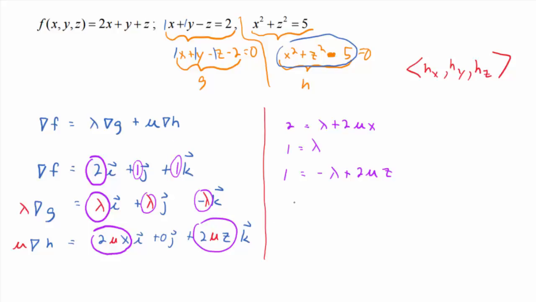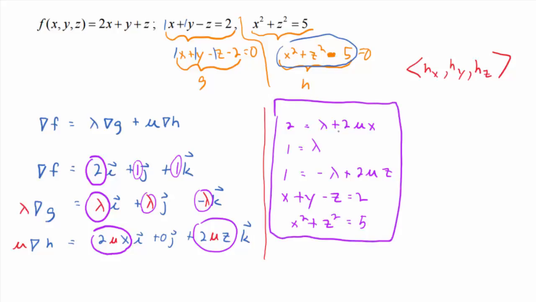I'm going to write the original form. X plus y minus z equals 2, and x squared plus z squared equals 5. We can make these a lot easier on the eyes, right? So let's work through this. What happens if I plug in 1 for lambda and then maybe subtract it?